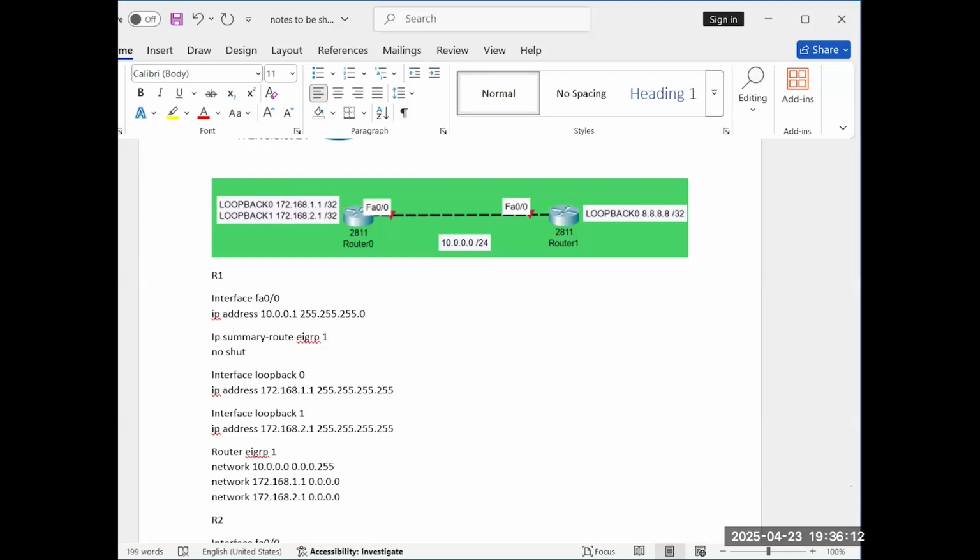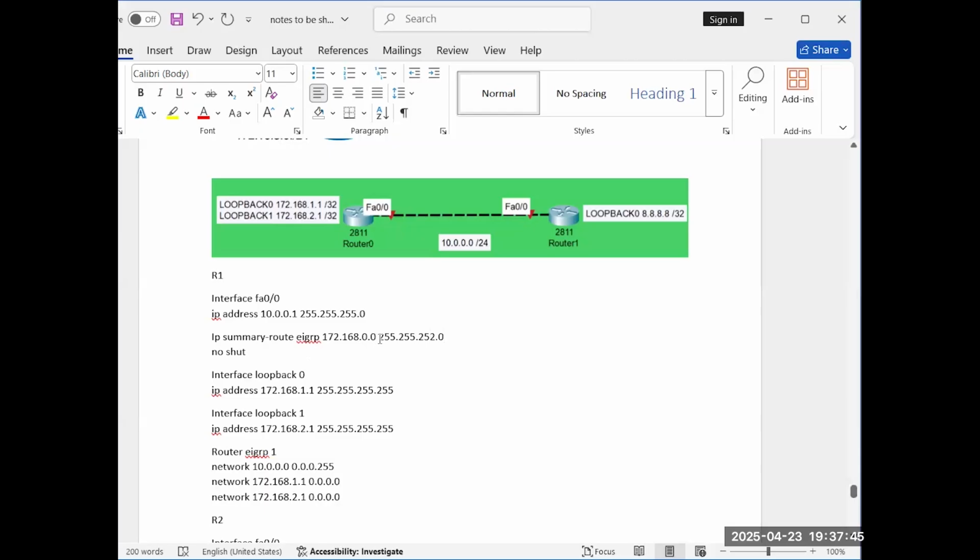I need to mention the EIGRP process, and then 172.168.0.0 255.255.252.0.